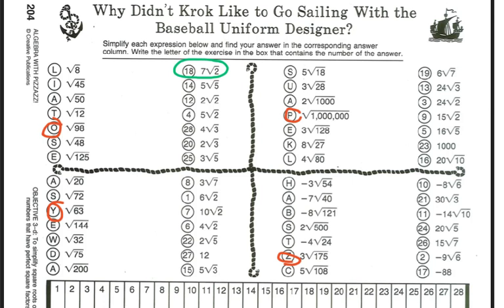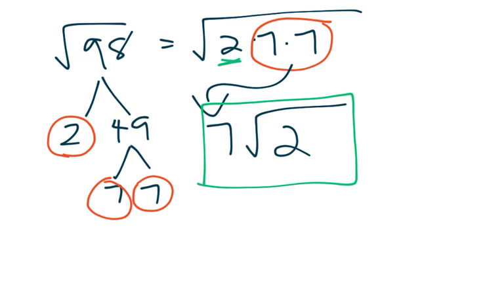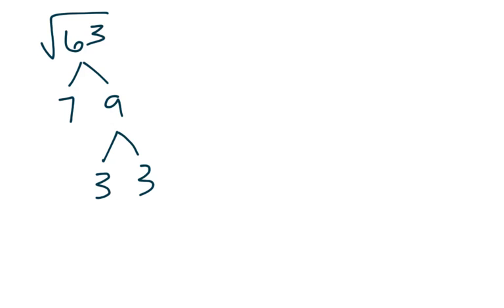And all of you, if you don't find your answer, you know you're wrong, so you need to ask for help. Okay, the square root of 63. 63 is 7 times 9, and 7's prime, but 9 will break down to 2 3's. So what you really have is 7, 3, and 3.